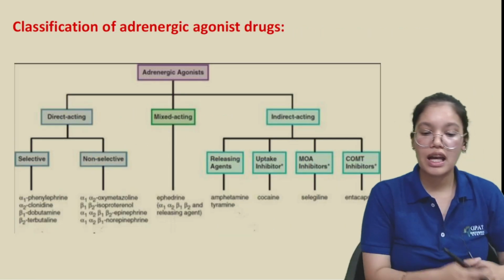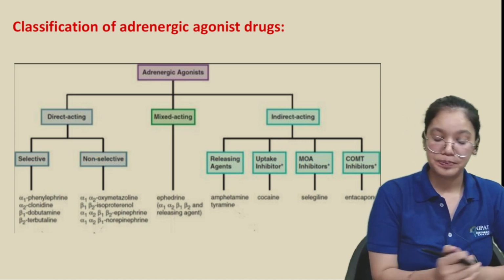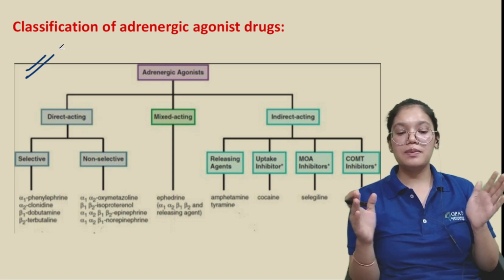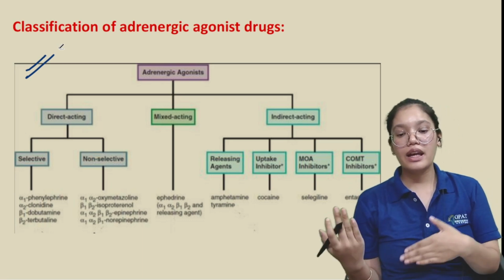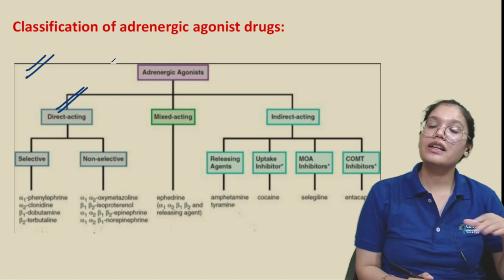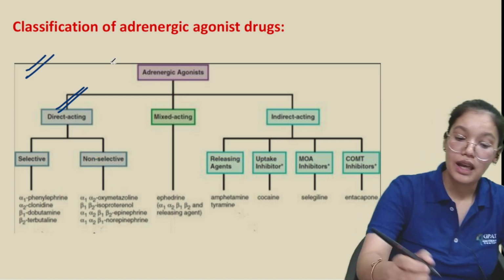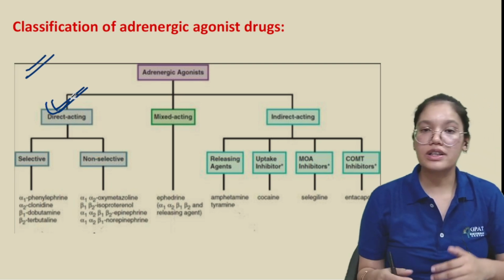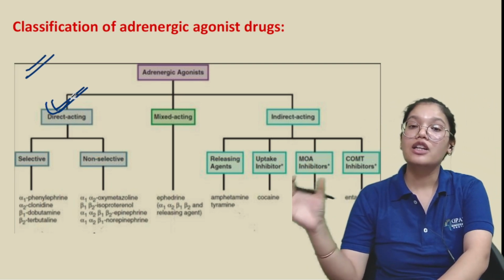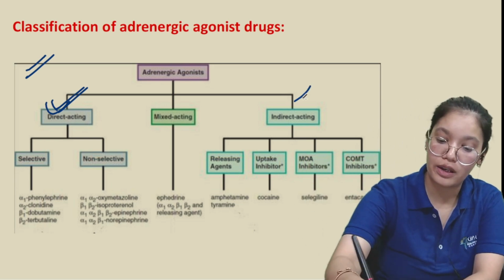Next we have the classification of these adrenergic agonists. Adrenergic agonists are divided into three types: directly acting, indirectly acting, and mixed acting. Directly acting agonists directly bind to the receptor of the adrenergic system and show their agonistic effect. Indirectly acting agonists do not directly bind to the receptor, but still show the agonistic action.